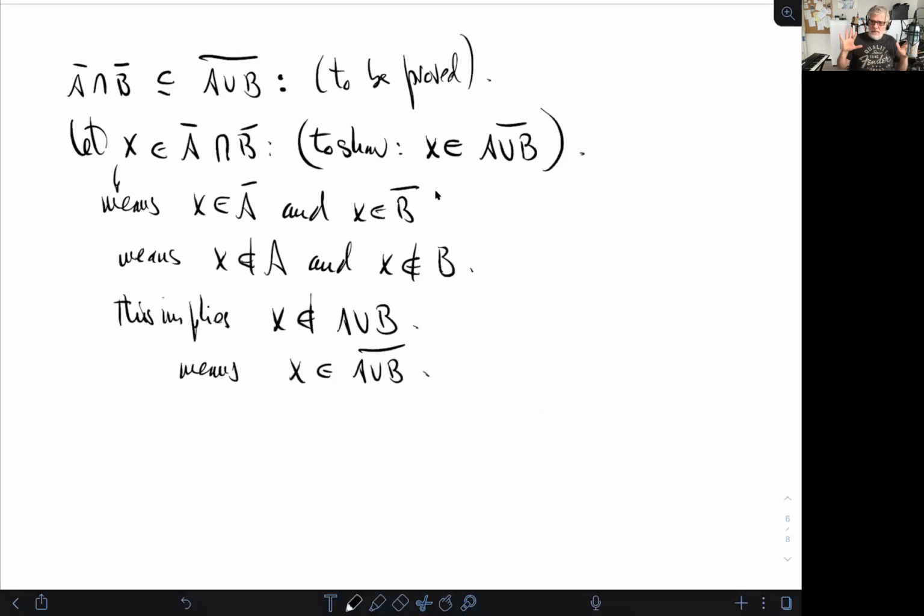But basically all I did was unravel the definitions and use the fact that to show that two sets are equal, I want to show that one is a subset of the other in both directions. That's essentially it. Okay, so that was De Morgan's little argument there.